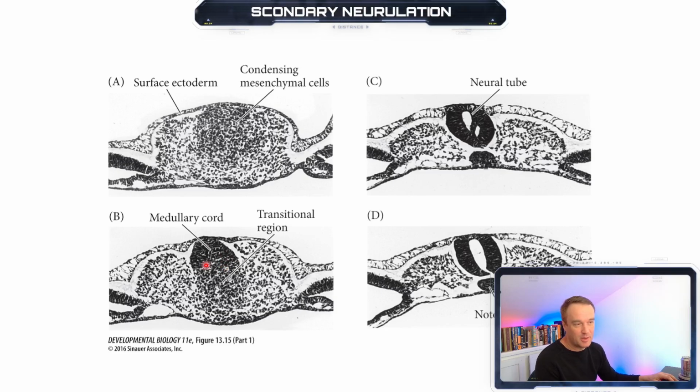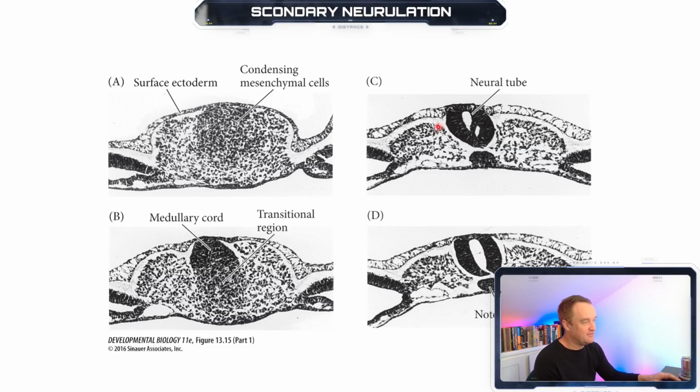And this is, remember, instead of the folds coming in, where the mesenchyme kind of melts into these neural cells. So we have that here. We have a transitional region where they're turning into the medullary cord. Then we have this cavity formation.